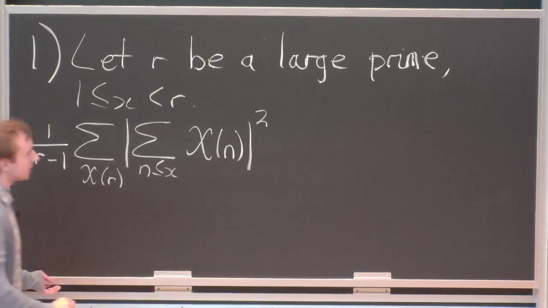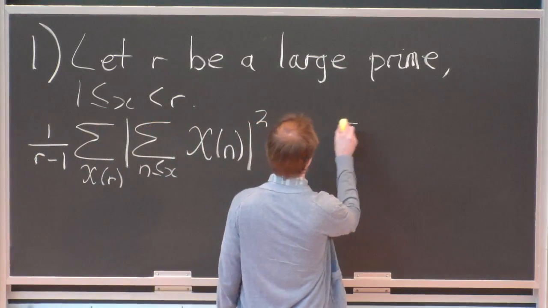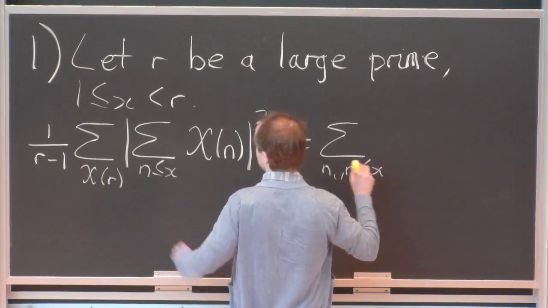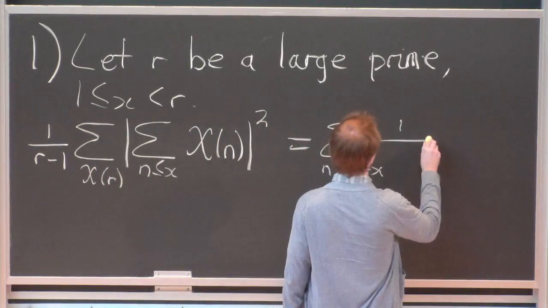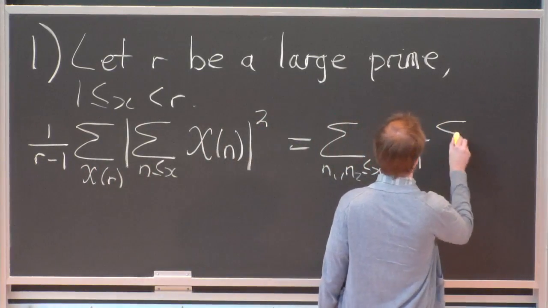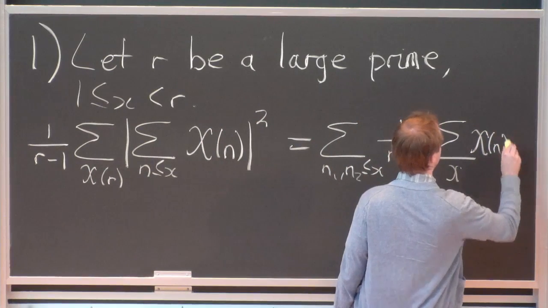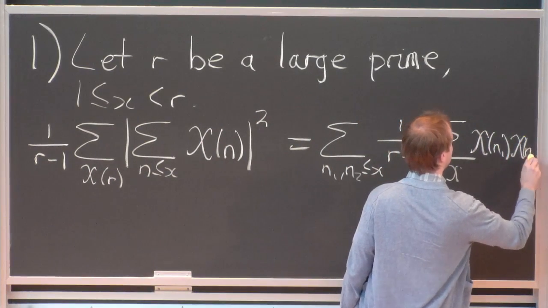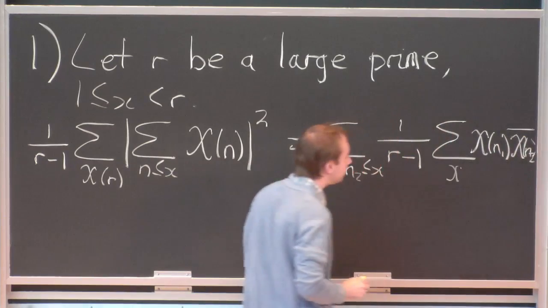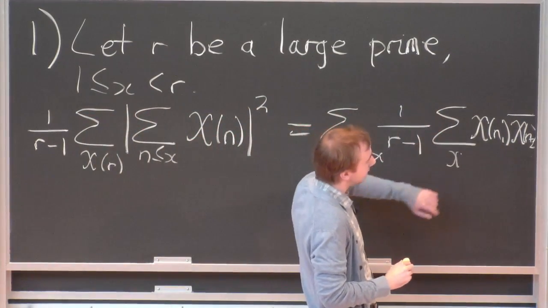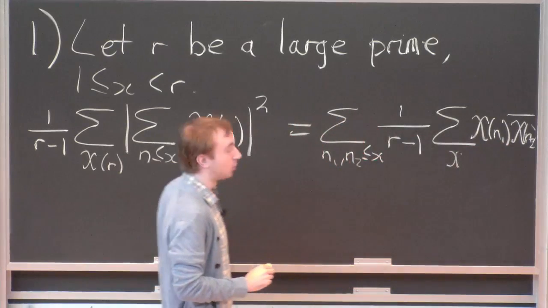And of course, we can do that. So I can expand out the square, so this is the sum over n1, n2 less than x, and then I'll move this sum to the inside. Sum over chi of chi of n1, chi of n2 conjugate. And now by orthogonality, the only terms that survive here are the ones where n1 is congruent to n2 mod r.